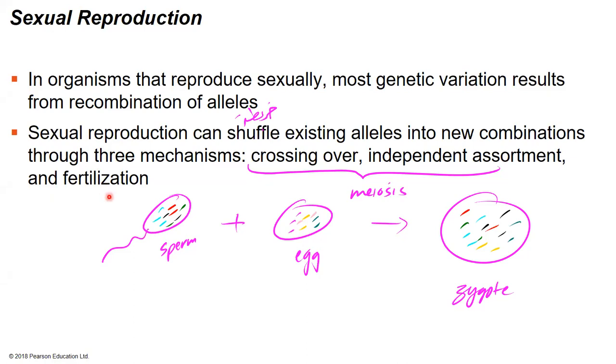And fertilization is when a sperm fertilizes an egg. All these three independent mechanisms lead to shuffling of already existing alleles in the population, which leads to an increase in genetic variation.